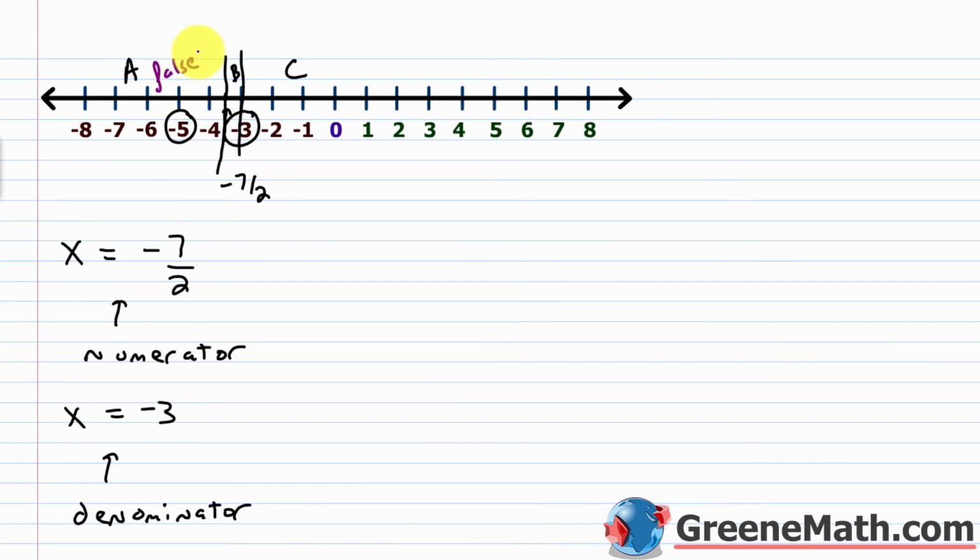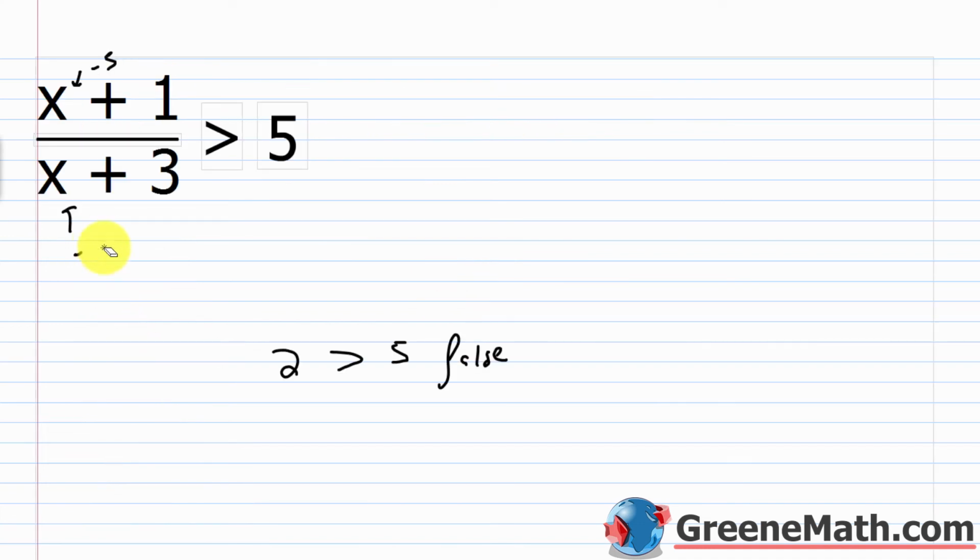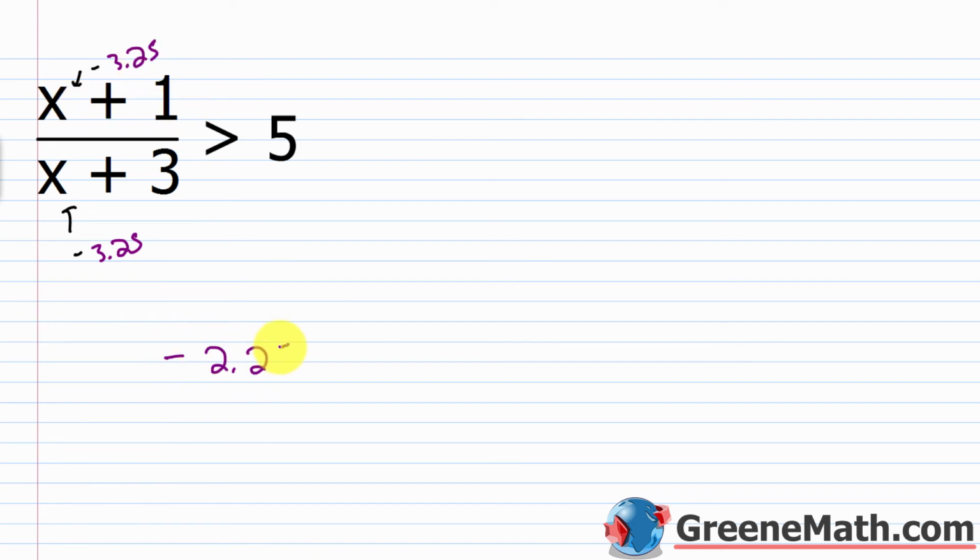Okay, so it's a pretty narrow region where we have between negative 3 and basically negative 3.5. But we can use negative 3.25 because that would lie between those two. So let's go back up and let's say we have negative 3.25. So negative 3.25 plus 1 would be negative 2.25.